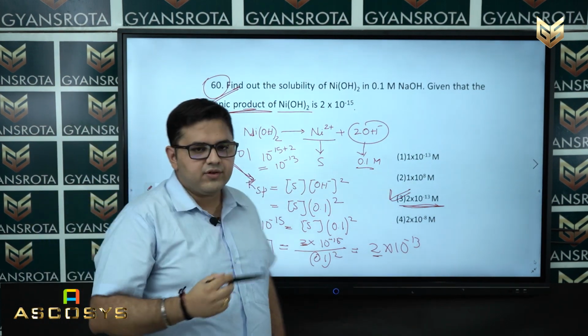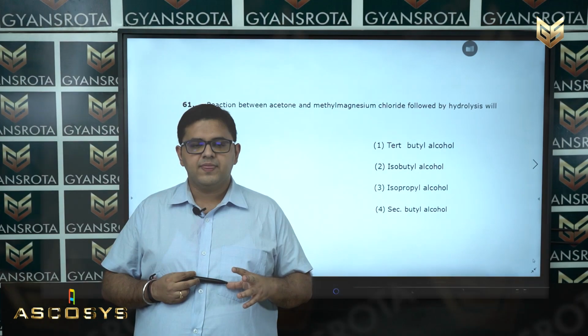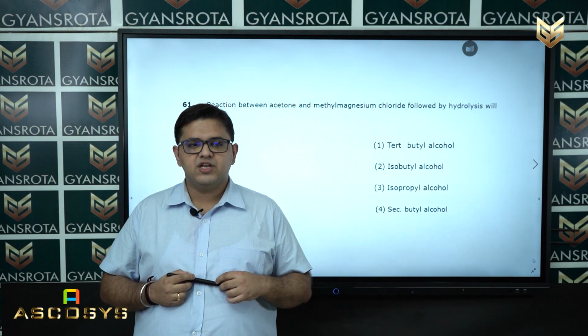So, now we are moving to the next question, that is question number 61. Question number 61 is on your screen. Reaction between acetone and methyl magnesium chloride followed by hydrolysis will give the product. So, now we are moving to the solution part.